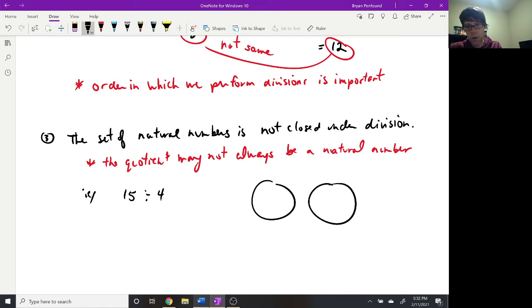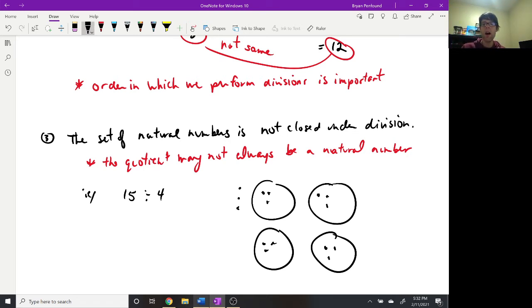If we think about how we want to set this model up, we would draw our 4 groups and start trying to put 15 objects in. 1, 2, 3, 4, 5, 6, 7, 8, 9, 10, 11, 12. And then we have 13, 14, 15. So there are 3 objects that I can't distribute evenly into 4 groups. So we end up getting 3 with a remainder of 3.